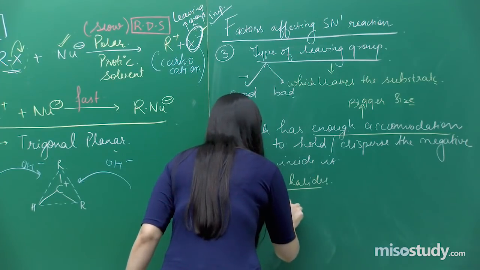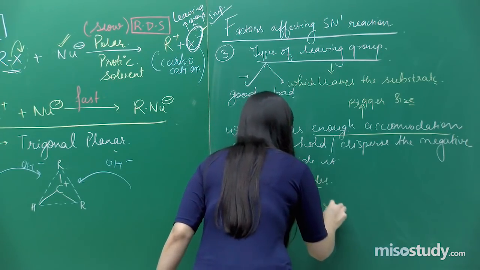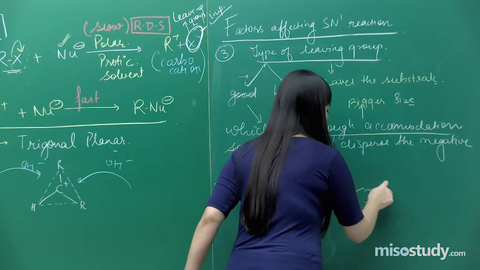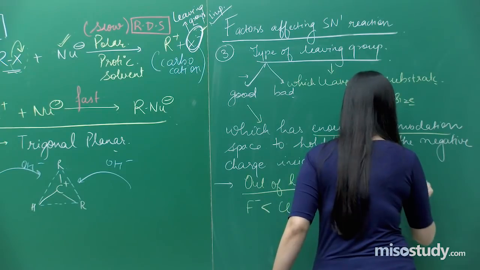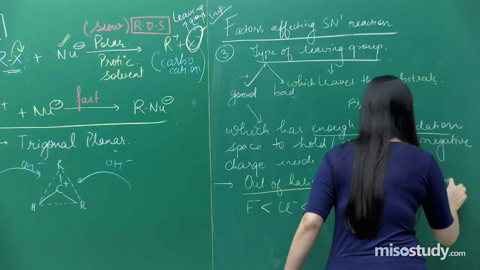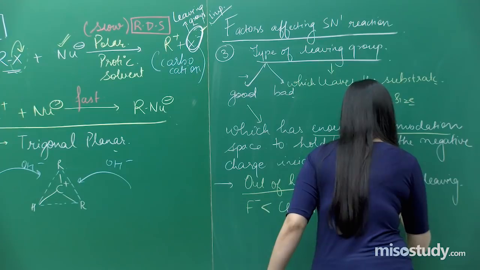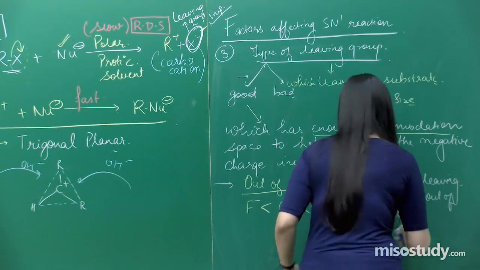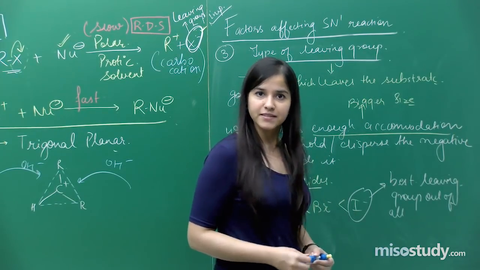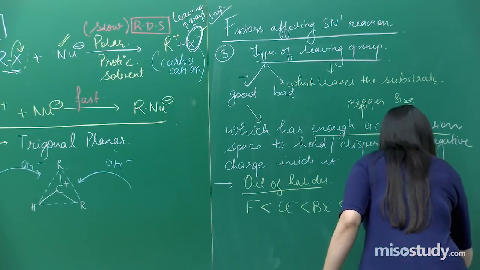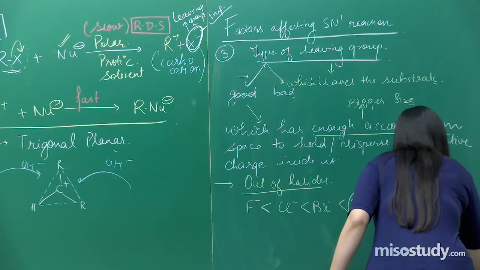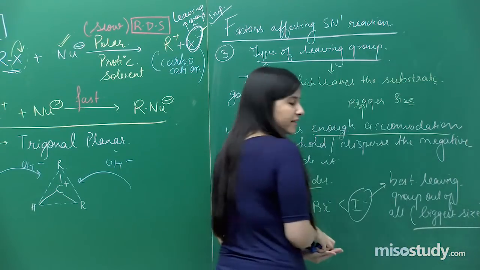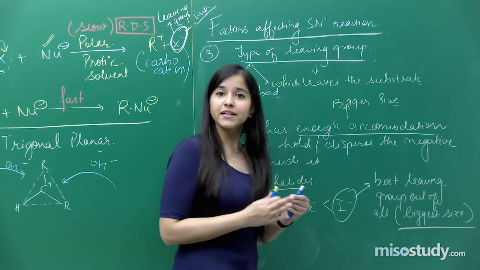Fluorine is the least, then chlorine, then bromine, and then iodine. So iodine is the best leaving group of all, since it has the biggest size. Fine. So that is the reason behind a better leaving group.